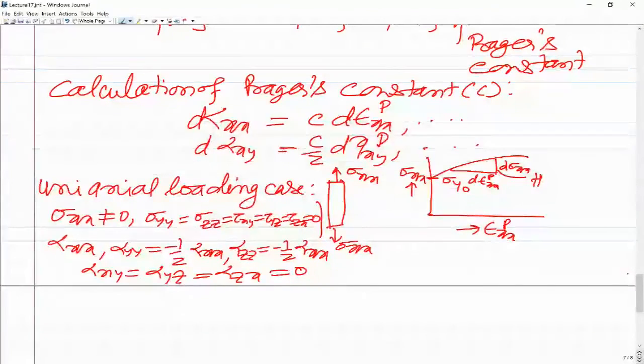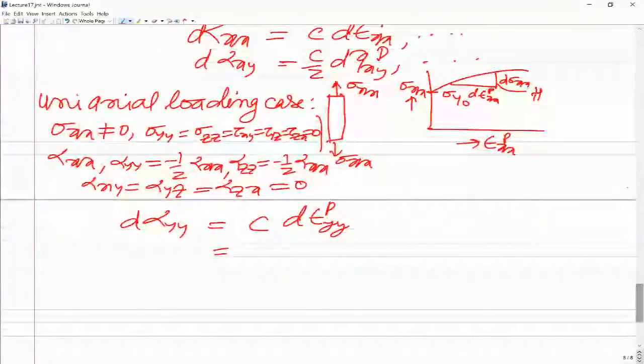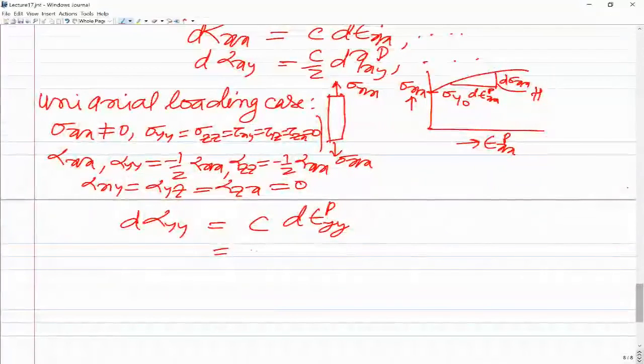And if you want to look at the proof, how do we get alpha yy as minus half of alpha xx? By definition, d of alpha yy is C into d of epsilon yy p, and this is because we know that plastic deformation is volume conserving, so the Poisson's ratio is 0.5.